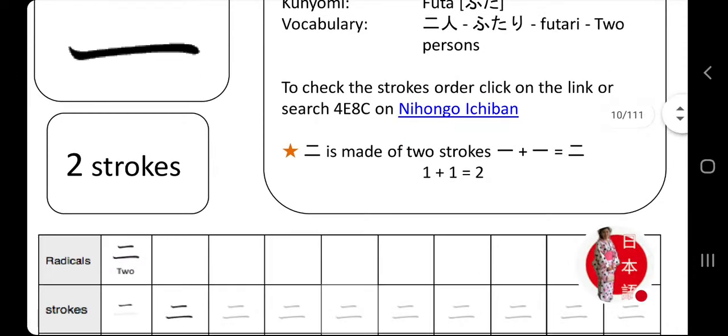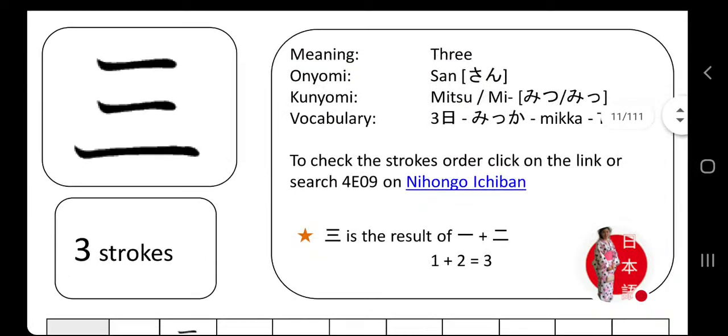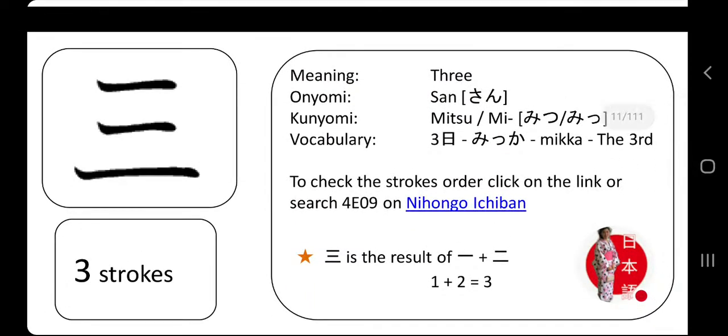So we have the number 3, the next one. For that one, we also have 3 strokes. So 3 lines, no? So you can easily remember. Onyomi is san. Ichi, ni, san. 1, 2, 3.